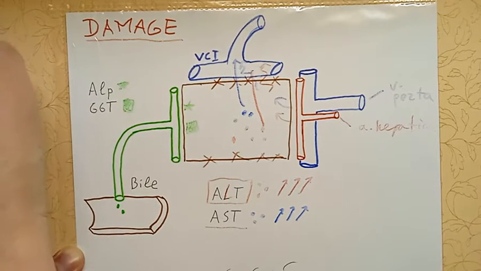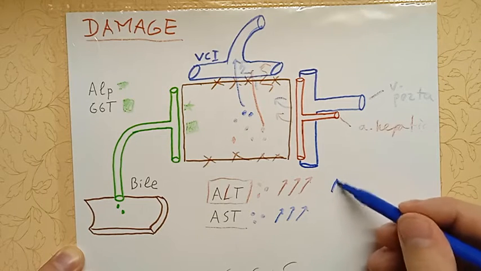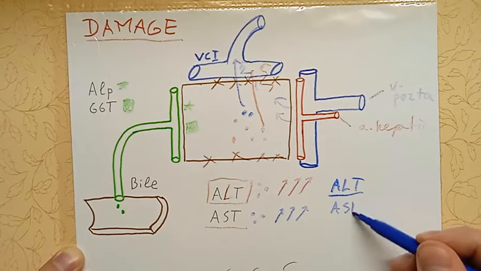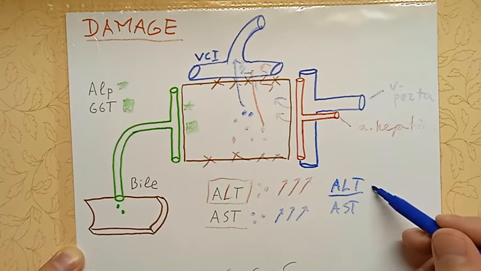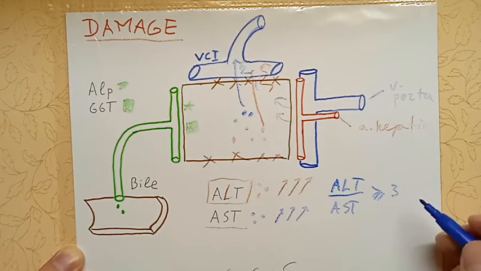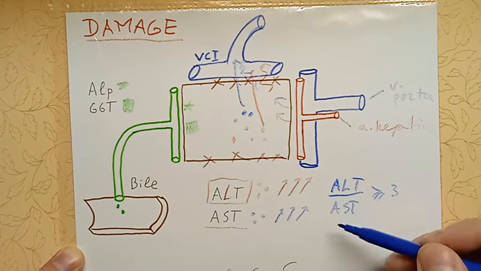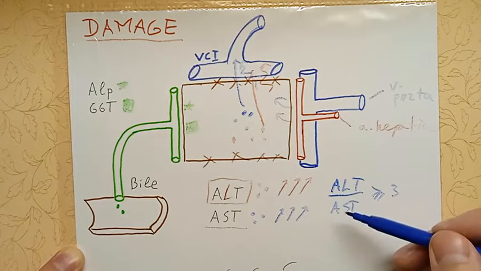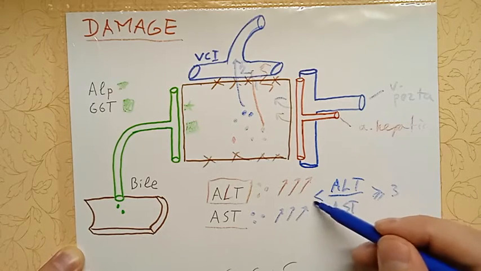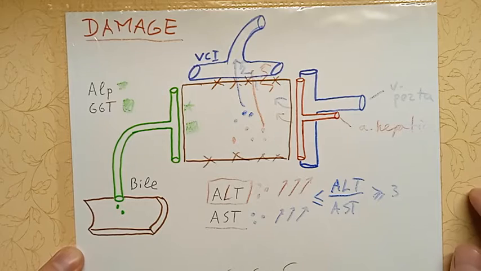If the concentration of ALT to concentration of AST is more than 3, it means that the patient has a damage of the liver. If it is not, the patient may have a damage of another organ.